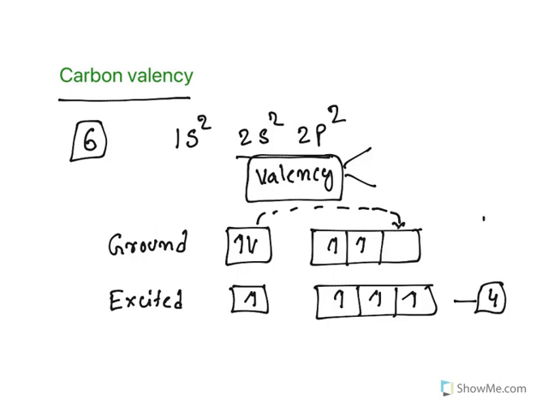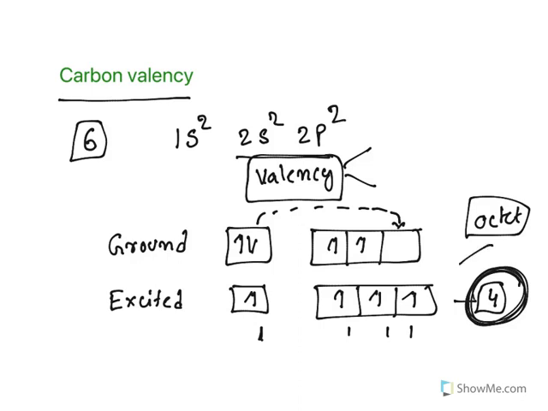According to the octet rule, when a molecule has 8 electrons in its valency shell, it is the most stable configuration. So to get that stability, carbon will participate in bonding and gets 4 more electrons. That is the reason why it is tetravalent. It combines with 4 other atoms to get 4 electrons so that it will have an octet of electrons. So this is the background.